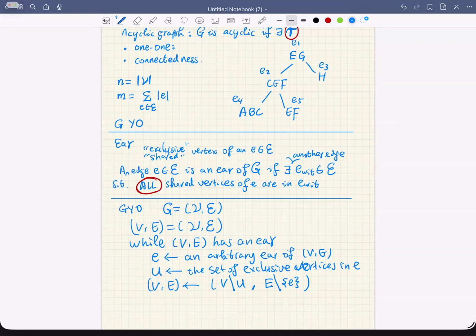Before I go on, I want you to get convinced that at all times, for this V, E to make sense and serve as a hypergraph definition, you have to be careful. Every element of E, which means every hyperedge of E, will have to use only the vertices currently in V, correct?